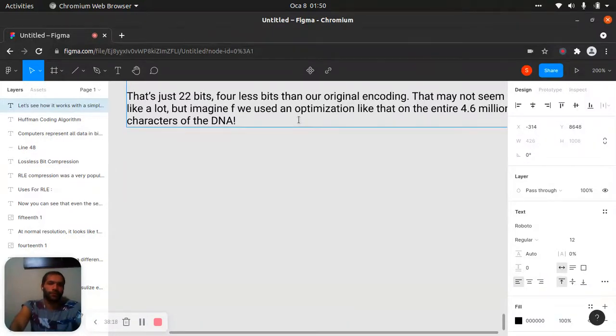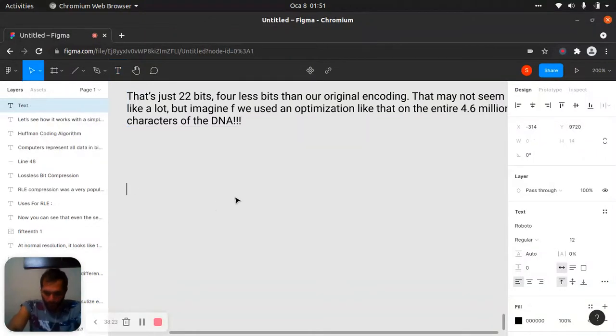Okay, let's say again here, Huffman decoding. The important point is also decoding. You encode, you need to decode it, right?